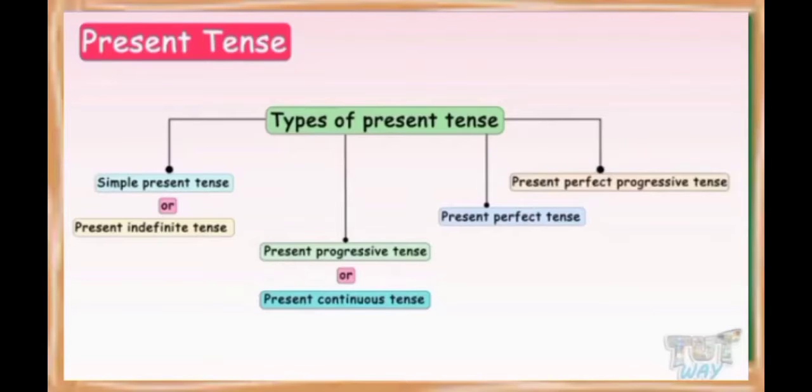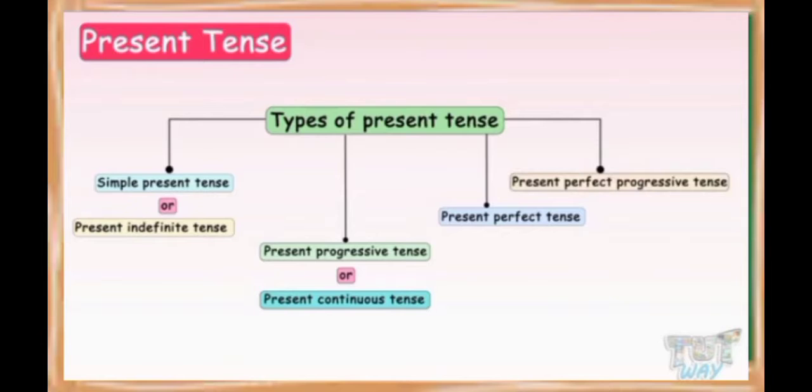To know more about the various tenses, we have four types of present tense. These are simple present tense or present indefinite tense, present progressive tense or present continuous tense, present perfect tense, and present perfect progressive tense. First, let us get to know simple present tense.